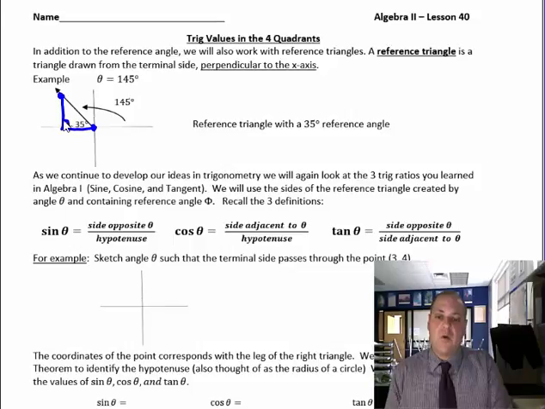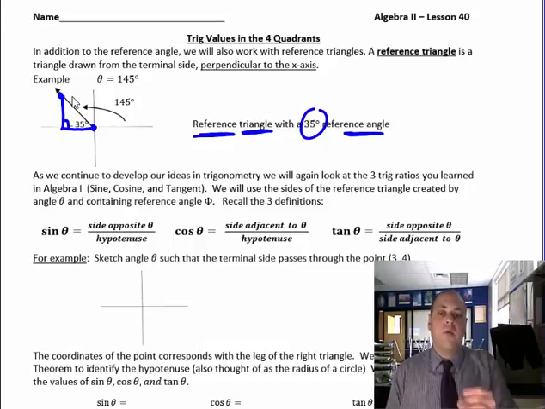That's how we're going to be studying our trig the rest of the way. So this is a reference triangle with a reference angle of 35 degrees. A reference angle of 35 in quadrant 2 is going to give us any information we need about a 145 degree angle as far as sine, cosine, and tangent.